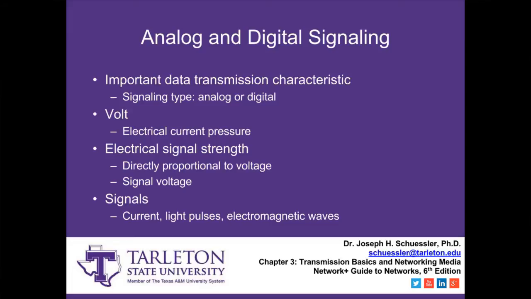Electrical signal strength is directly proportional to the voltage, and so the higher the voltage, the stronger the signal. And then lastly, signals: current, light pulses, electromagnetic waves. It's the thing that represents the 1 and the 0, or the on and the off, or whatever, at least when we're talking about digital.